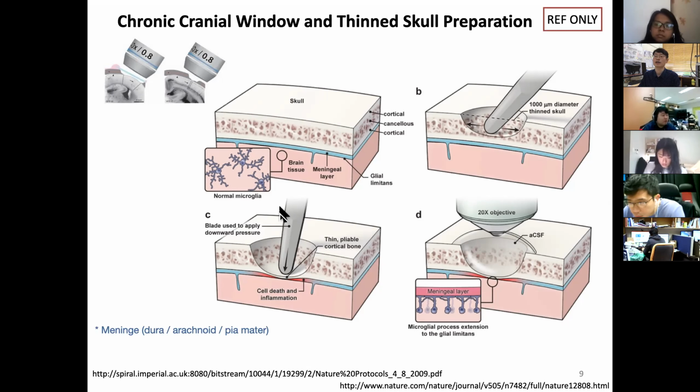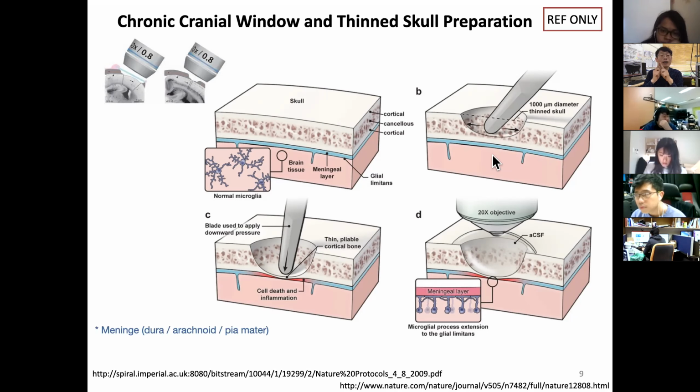So another idea is, why don't we try to preserve the meninges? How do we do it? We just grind the skull thin enough. If it's very thin, then it can be transparent. I have to say it's not perfect, but it may be good enough for shallow observation with a microscope.